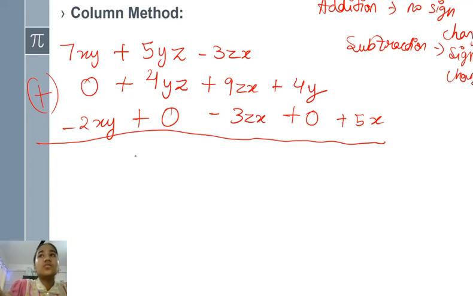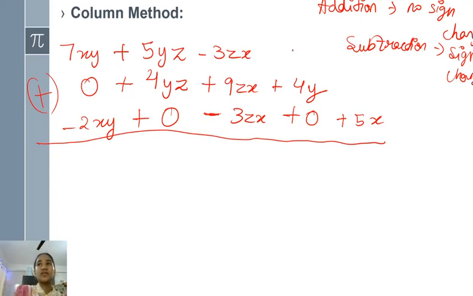Okay, so whenever you get it in this horizontal manner, you have to arrange it in the column method. But let me tell you, I always prefer the horizontal method because I think the column method is a little complicated. But whichever is according to you, it's up to you. Whichever you feel is easy, you can go with.